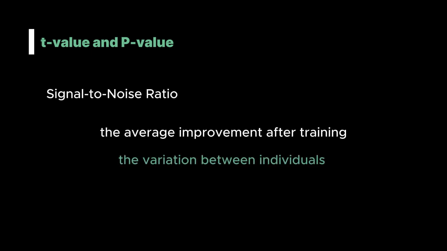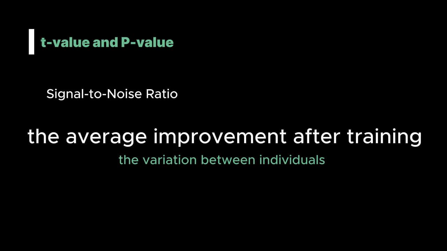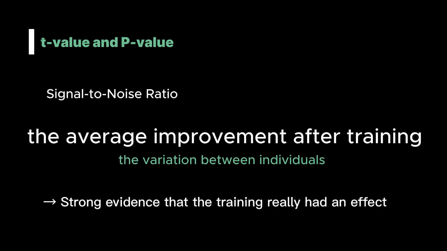The noise is all the natural ups and downs in the data, the variation between individuals. So with a large t-value, the average gain is big compared to the noise, meaning the improvement is consistent across participants. This gives strong evidence that the training really had an impact.